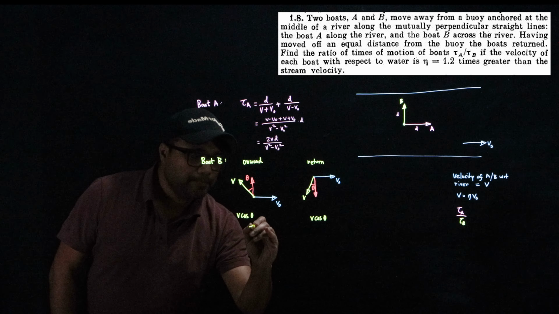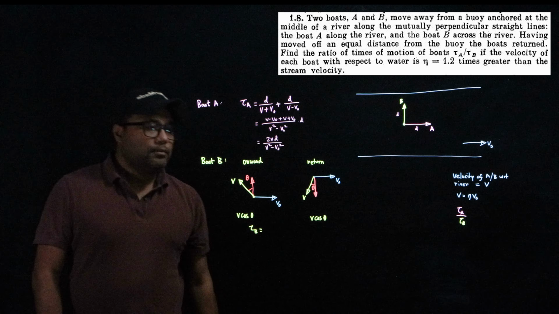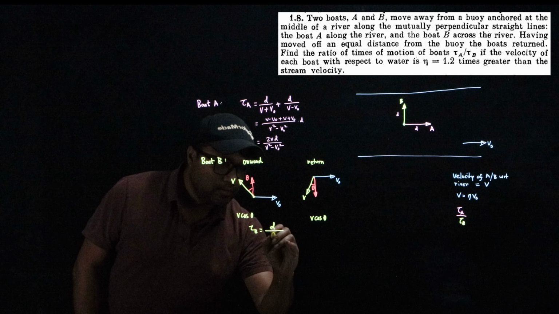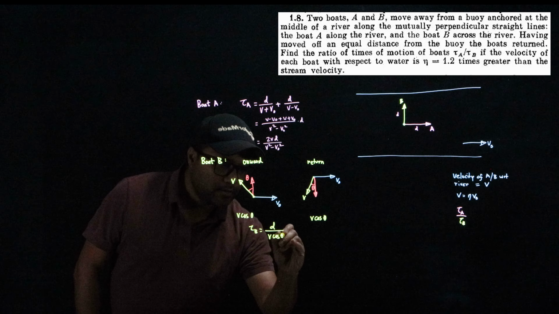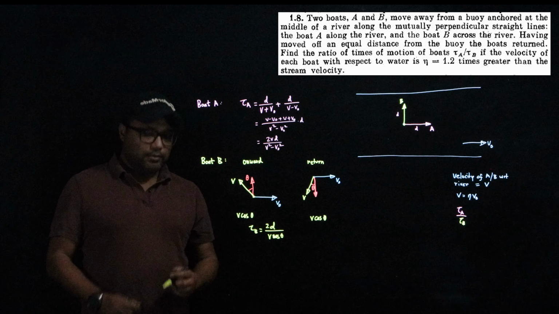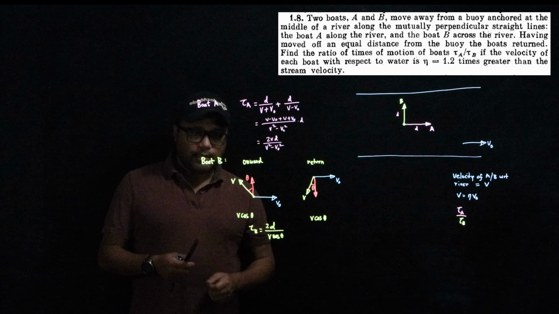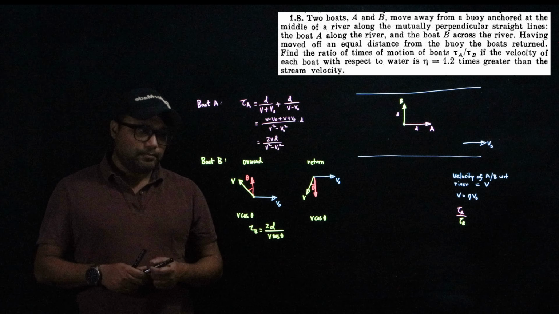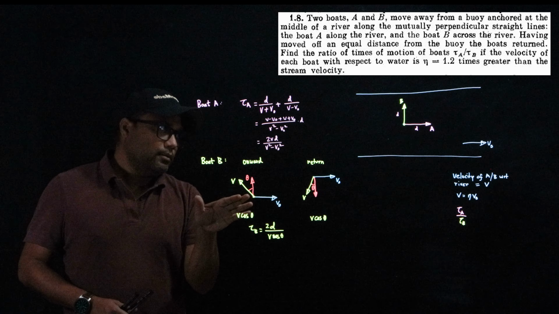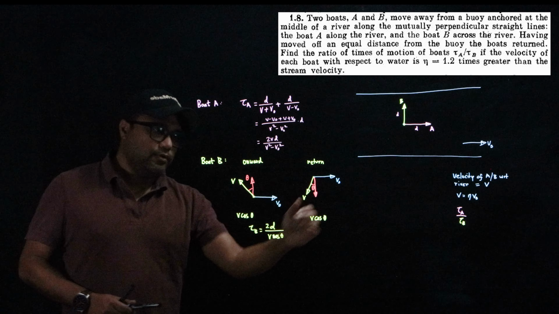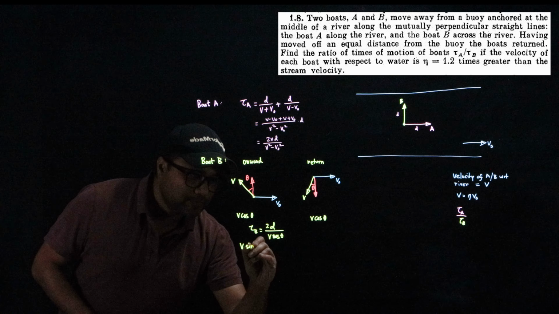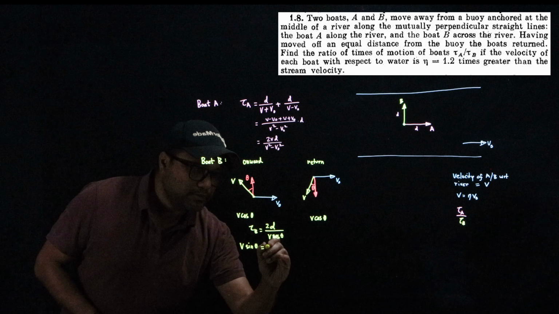So tau B will be what? It will be d divided by v cos theta, but we are going once and coming back, so it is 2d divided by v cos theta. Okay, now how do I find theta? Very simple. Boat B is not moving in the direction of the flow of the river, right? So that means v sin theta must be equal to v0.